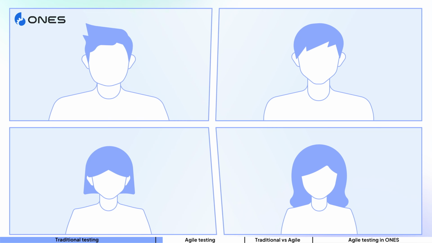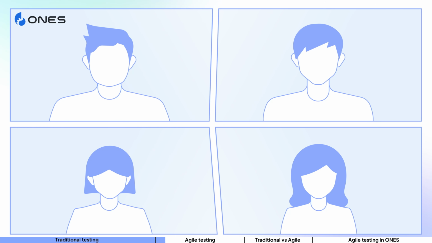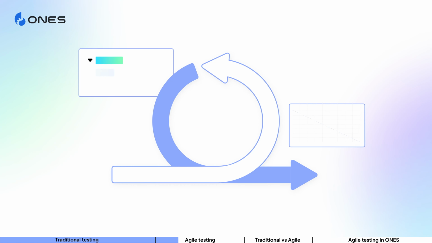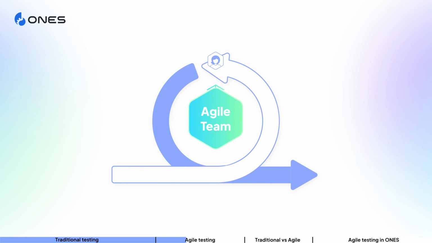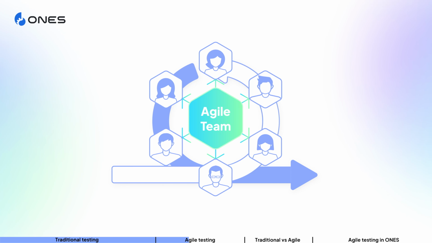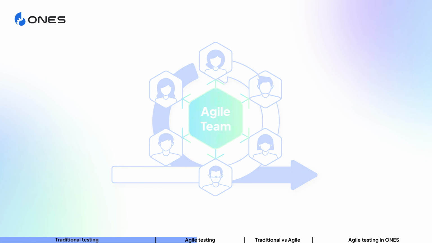Unlike traditional testing, Agile testing is defined by close collaboration between developers and testers, which is a continuous process that improves the development process. Agile testing takes an iterative and incremental approach to software testing. It does not isolate development and testing and ensures that the entire team works together to find bugs and validate the developing product.